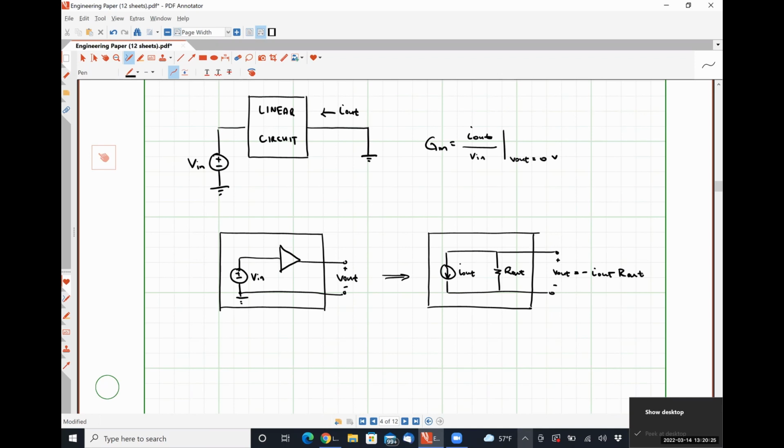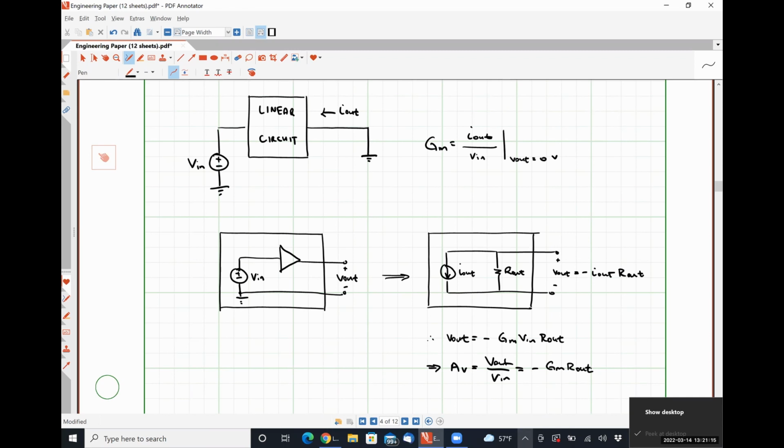Since I out is simply GM, our short circuit transconductance, times V in, that gives us V out is equal to negative GM V in R out, or alternatively, our voltage gain V out over V in is equal to negative capital GM R out, which is something we observed in an awful lot of our single stage amplifiers last quarter to begin with.